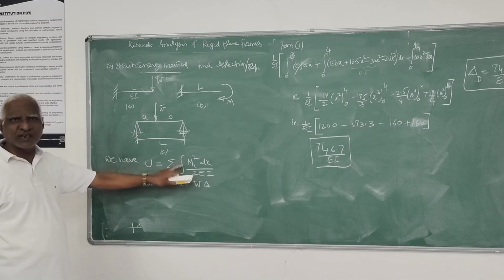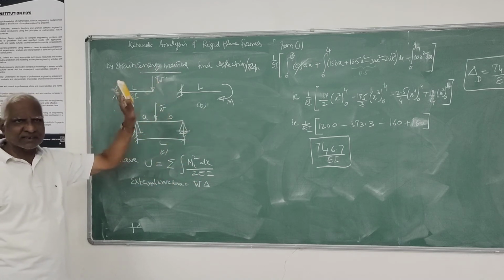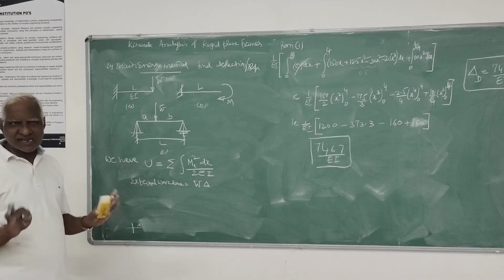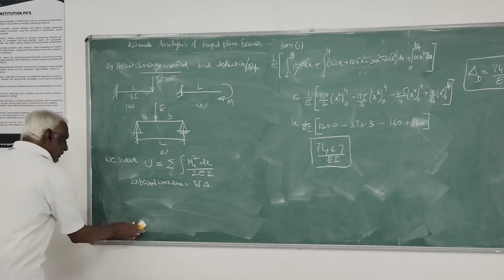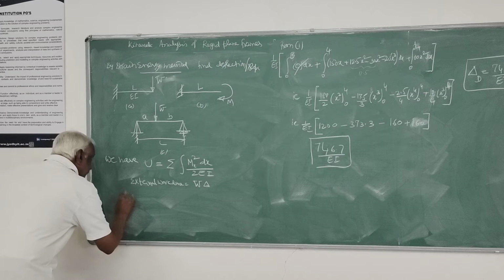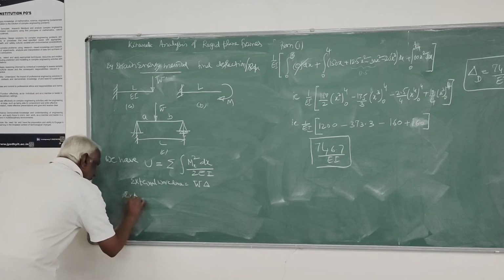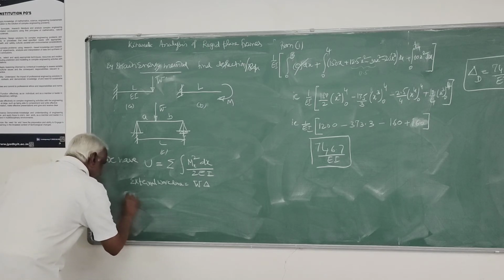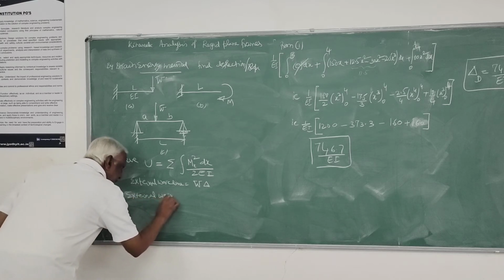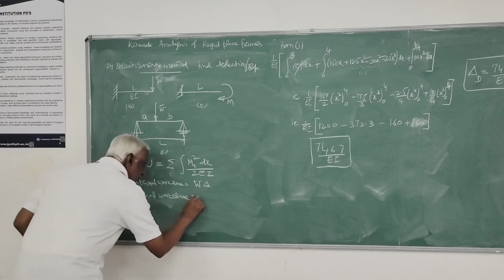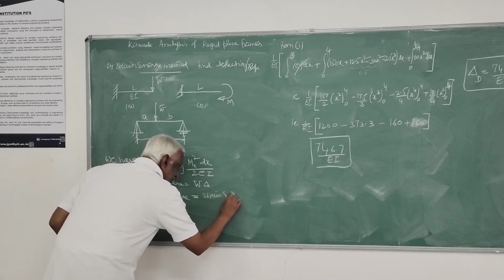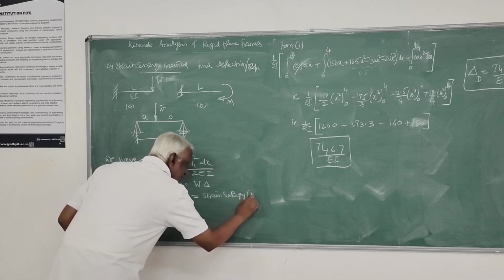You have to evaluate only Mx at any section, integrate it, and you will get the solution. That's as simple as that. So external work done is equal to W delta. Equate external work done, which equals the internal work done stored as strain energy.